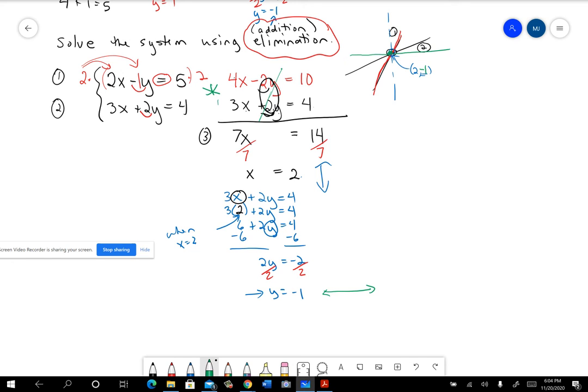So you used addition, see, we're adding the two equations to eliminate one of the variables, because if you have an equation in one variable, you know everything there is to know about how to solve that. So then you take the x equal 2 and the y equal negative 1, and those aren't your individual answers. You put them together with the x first and the y second, and that is the solution to the system. And we just found it using a process called elimination.